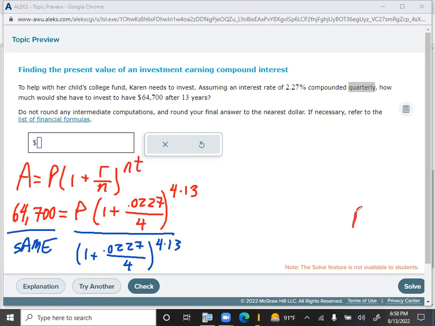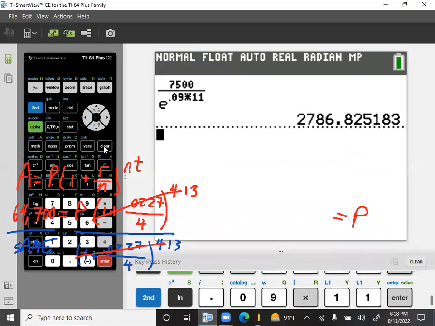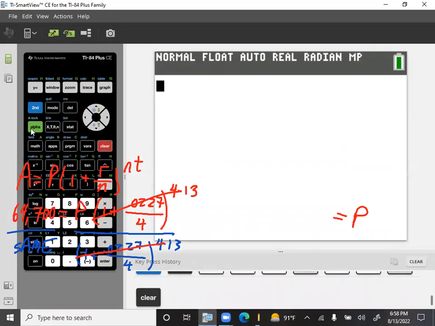All right, and then we get P equals, and then these are going to cancel, which was the point of doing this. And now it's time to go to our good friend, Mr. Calculator.